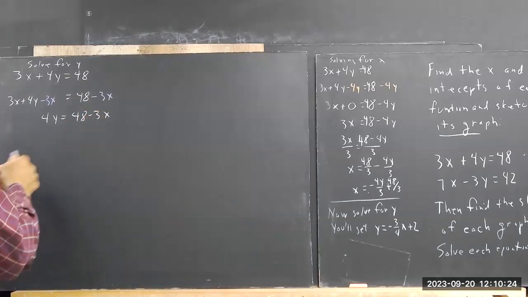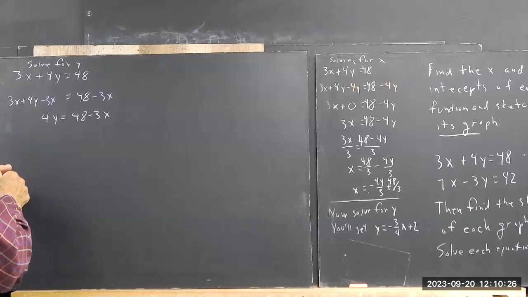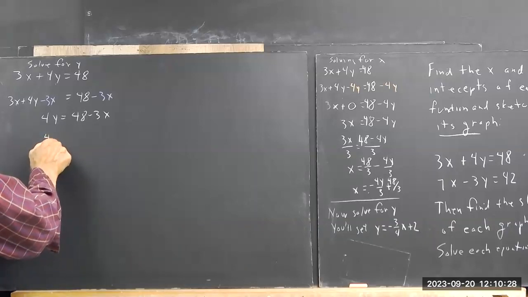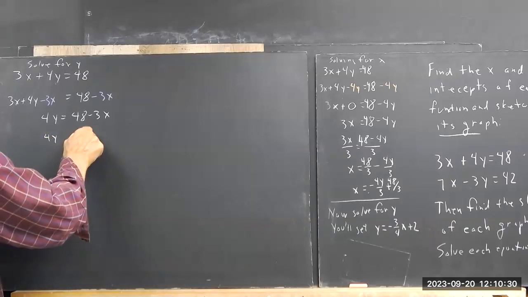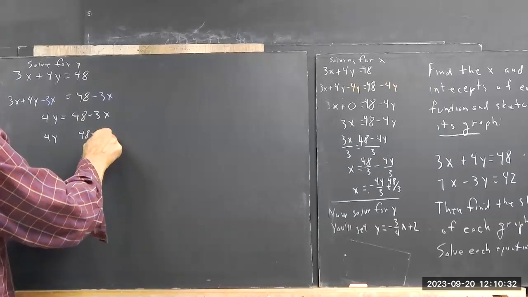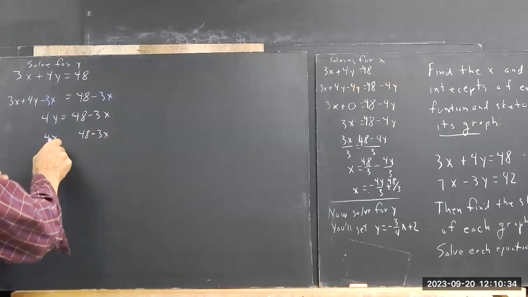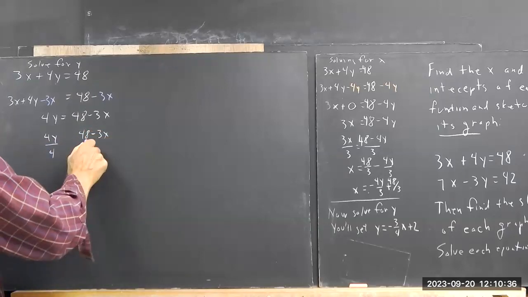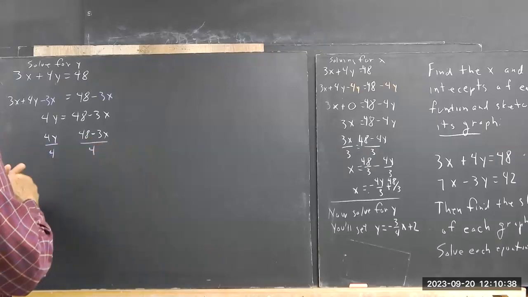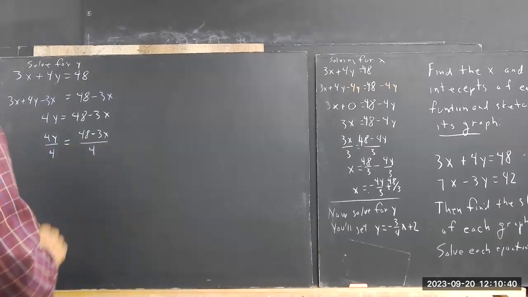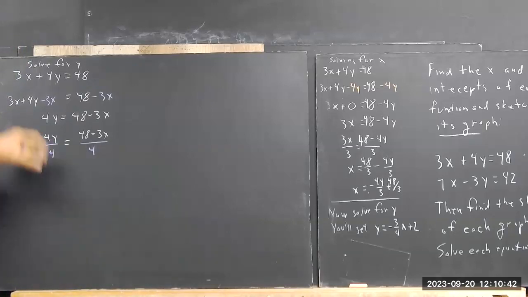And now we divide both sides by 4. So we write out our 4y and our 48 minus 3x. We divide by 4 here, we divide by 4 here, and we throw in our equal sign. I did the equal sign last because I wanted to line it up with the fraction.